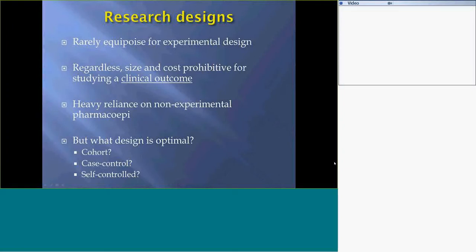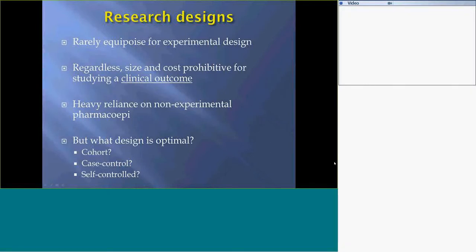So you can imagine it might be unethical to provide one group of patients with that potentially interacting drug and another group doesn't receive it. But regardless of the equipoise issue, size and cost tend to be incredibly prohibitive for studying a clinical outcome in a randomized controlled trial. So there's heavy reliance on non-experimental or observational research, such as pharmacoepi.